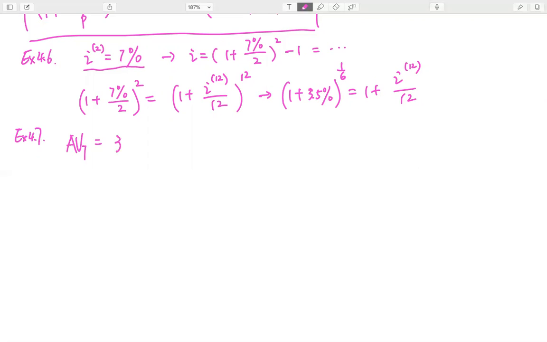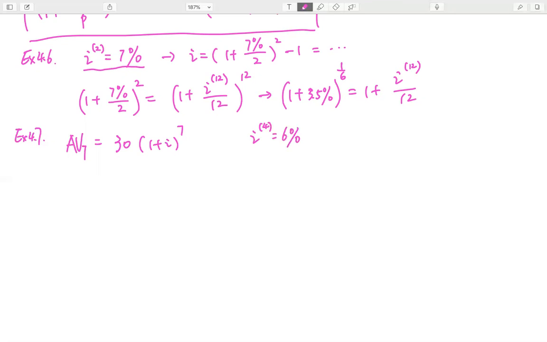We have 30 at the beginning. As usual, we still use I to denote the annual effective interest rate, but what's given is not I. What's given is the nominal interest rate, convertible quarterly.